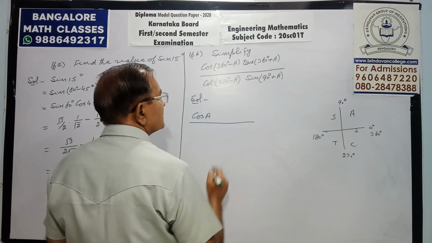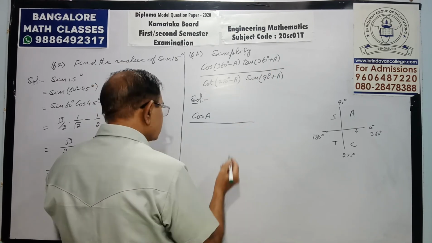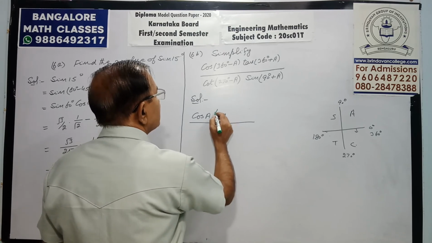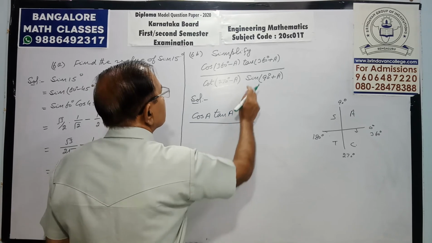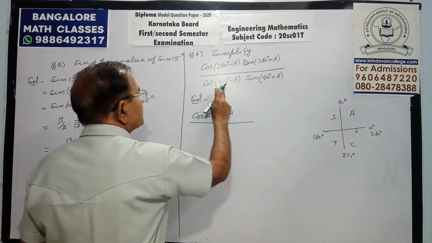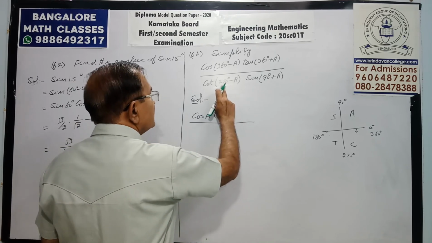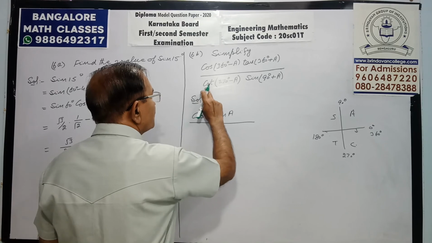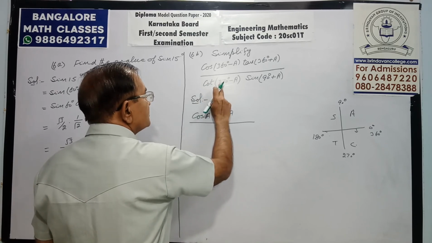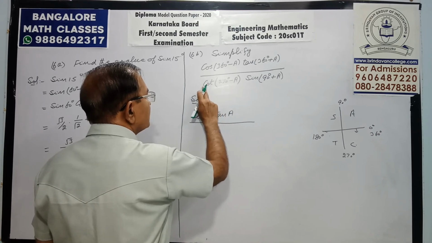Tan 360 plus A. If angle is more than 360, just subtract 360. I mean we will get tan A. Just subtract here 360. Cot 270 minus A. If change is with 90 or 270, remove co and add co, we have this concept. 270 minus, so 270 means remove co of the cot.